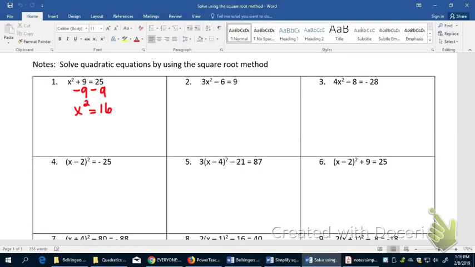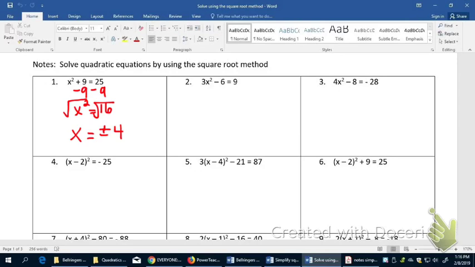Okay? Here's where it matters about the square roots. If I want to know what x is, if x squared is 16, what I do is I take the square root on both sides. Square root of x squared, the square root and the square kind of cancel out, you get x. What's the square root of 16? 4. And what you do is you put plus or minus with it.